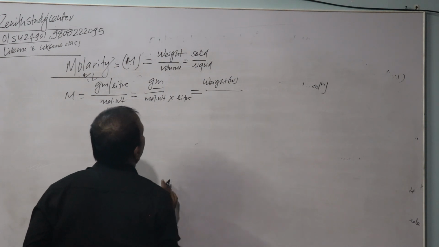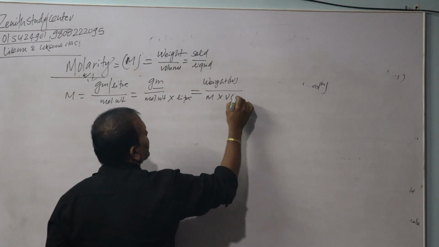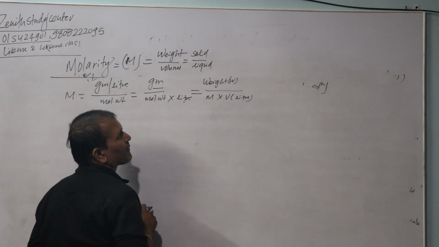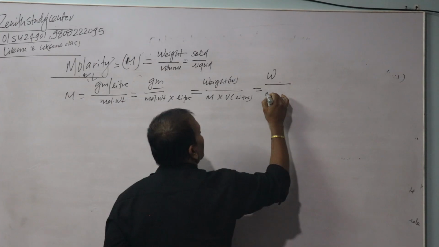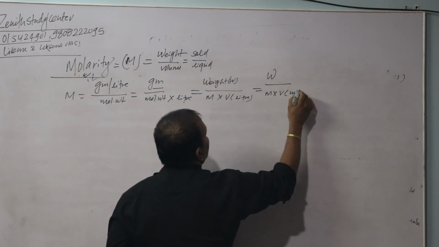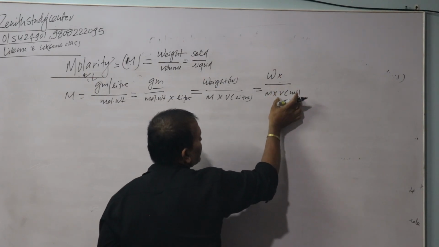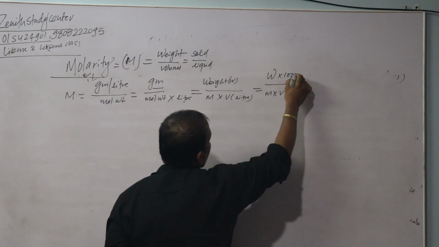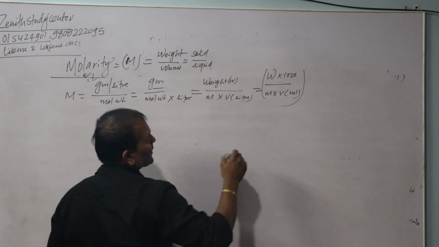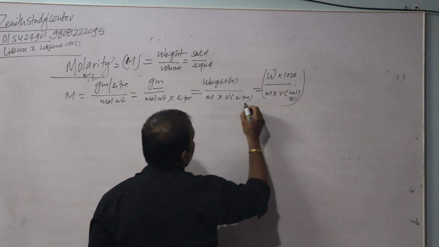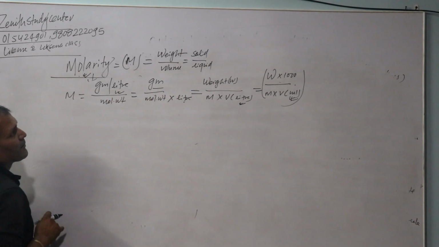W. Molecular weight is M, and liter is V in liter. Or we can write W by M into V; if in ml, then ml should be converted to liter, so 1000 is a multiplier of W. So this is the formula. When your question is given in ml, use this formula. Given in liter, use this formula. When you have gram per liter, then use this formula.